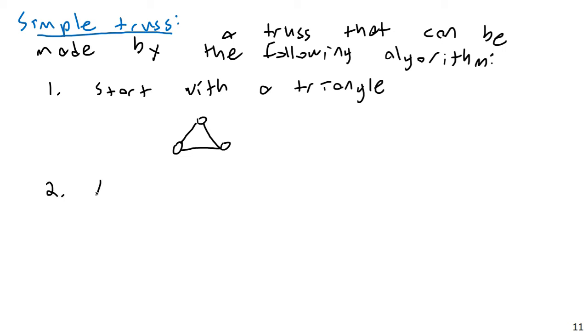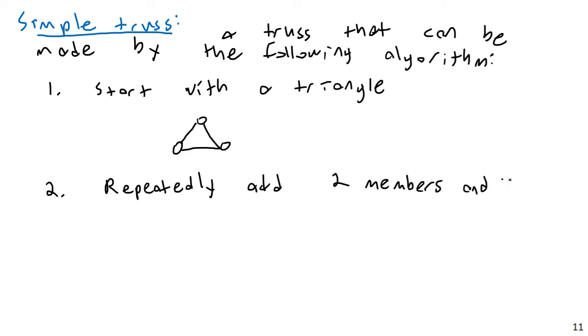And then two, repeatedly add two members and one joint. So for example, I'll start with my triangle, and then I could repeatedly add two members and one joint.